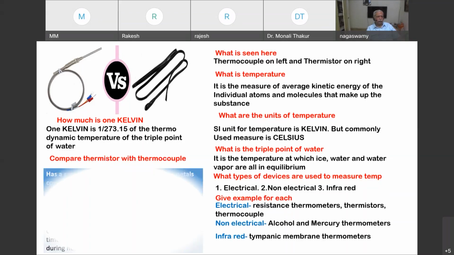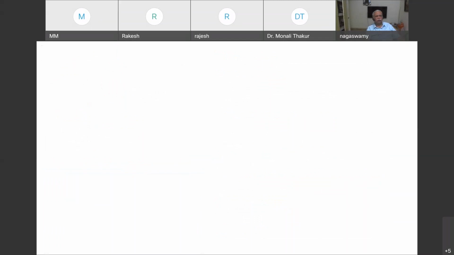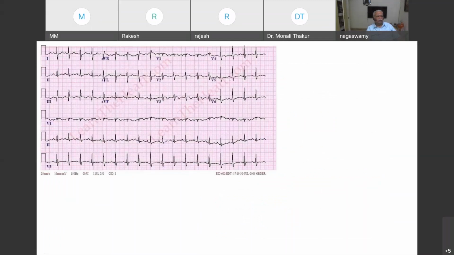Comparing thermistor and thermocouple, thermistor is used in your PA catheter to measure cardiac output. You use the temperature variation. You remember that? All these are common things that you have to remember. This is another ECG. What is seen in this ECG?